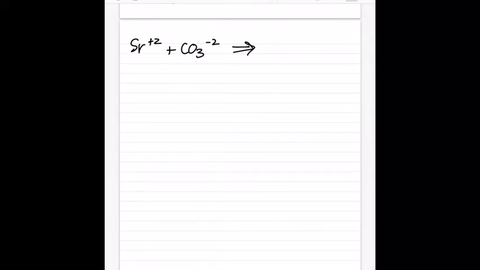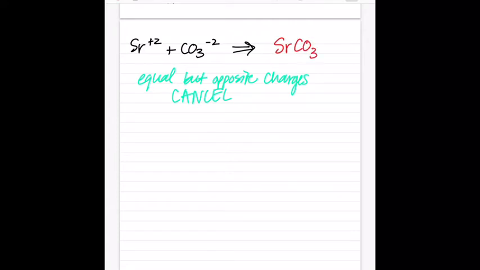They cancel. So the answer for this is going to be SrCO3, and that's it. Equal but opposite charges cancel. They completely go away.